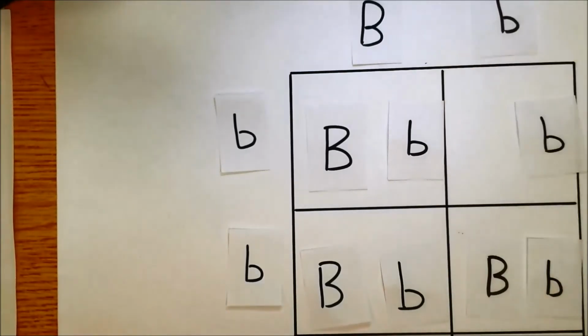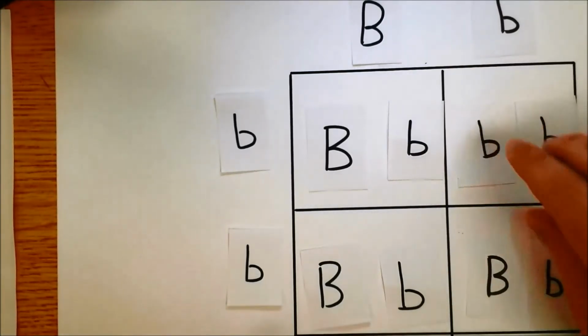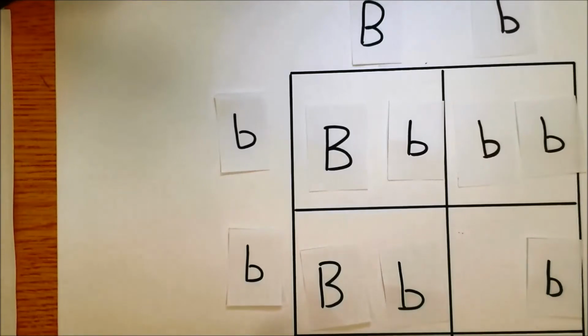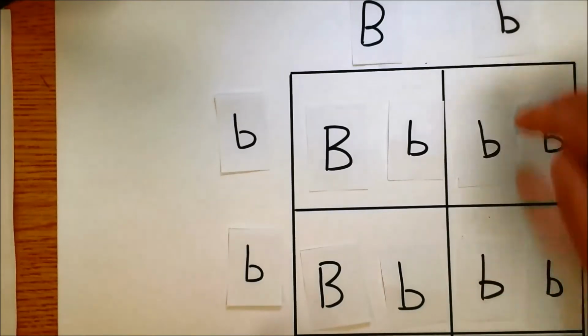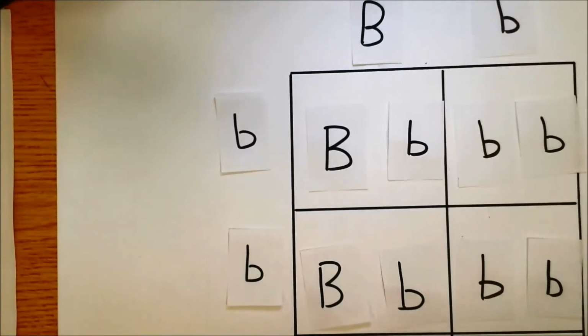Right here, and right here, because now that is contributing little b's. That would be your new Punnett square cross. 50% chance for blue-eyed. In the other case, it was all brown-eyed, so this is the only way it'll work.